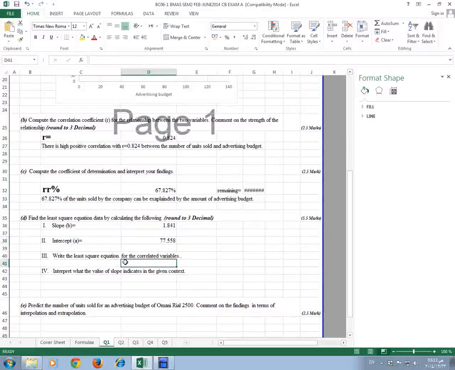The least square equation is units sold, y, equals a, which is 77.558, plus b, which is 1.84, times X, where X is the advertising budget.